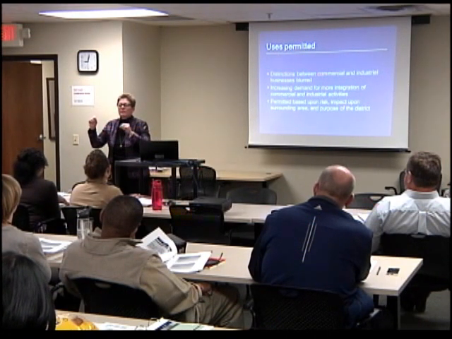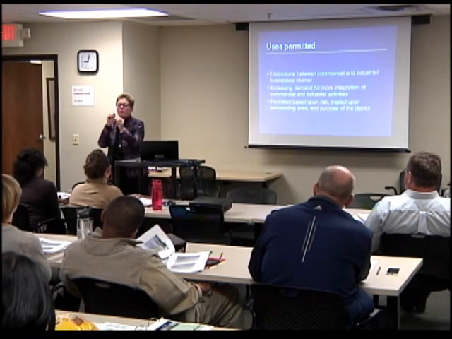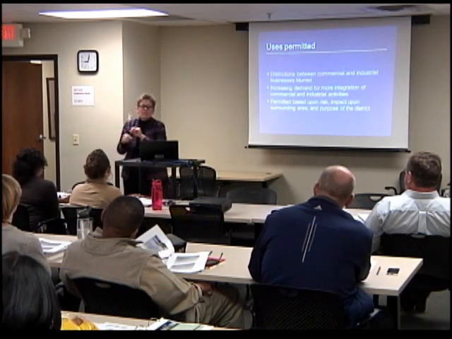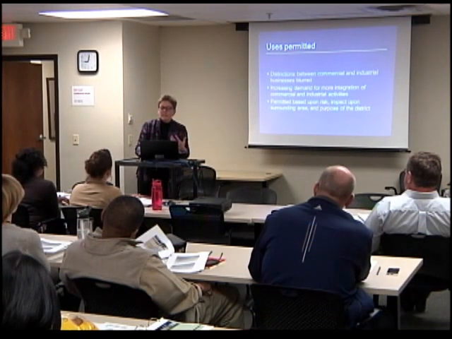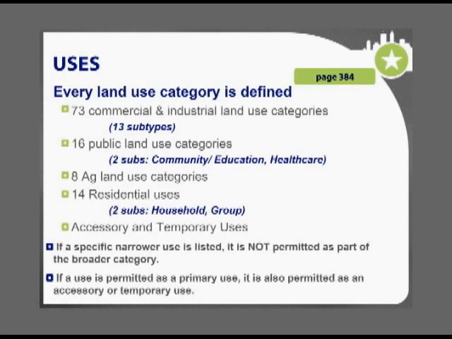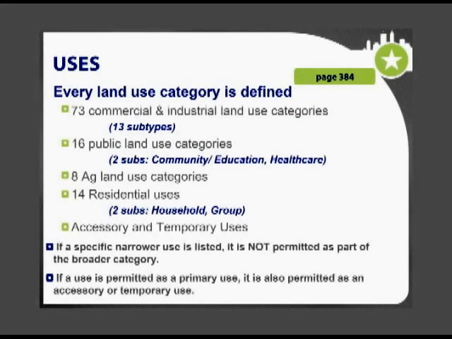So consequently, some uses are going to be in commercial and industrial both because they tend to work and fulfill that purpose. There's 73 commercial and industrial land uses listed in the permitted use table. 73. There was a whole lot more in the old ones, as you recall.